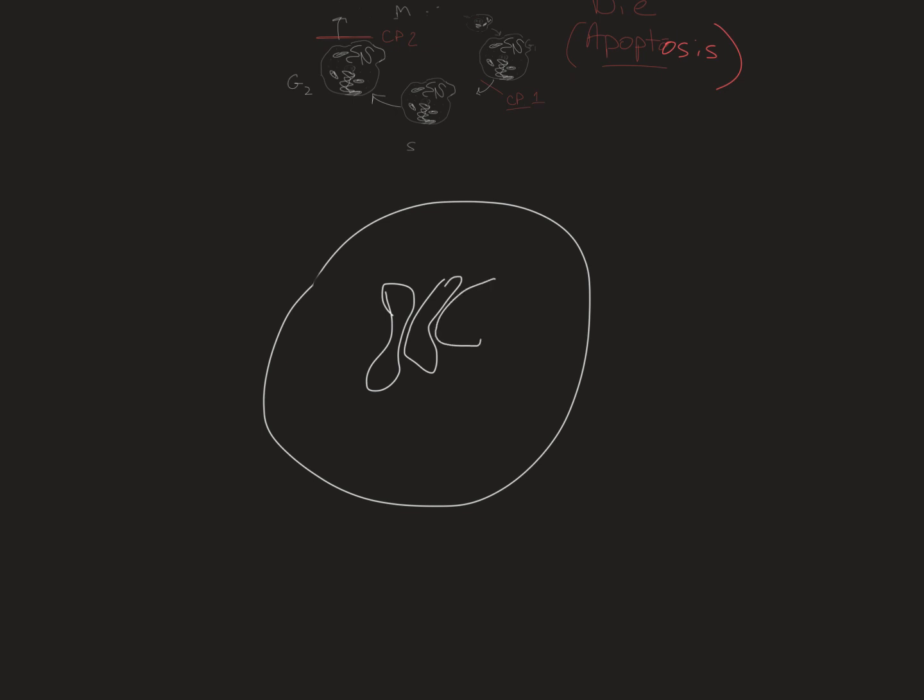Tetra means 4. So what that means is, if we look at it, you have the little a and the little b, and the big A and the big B.